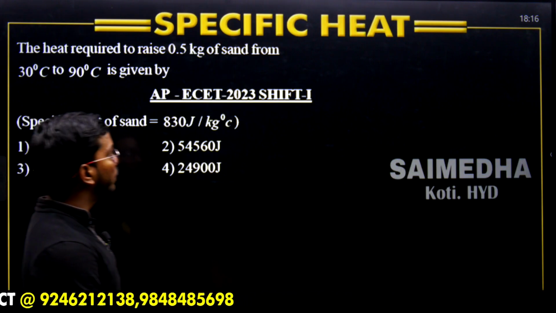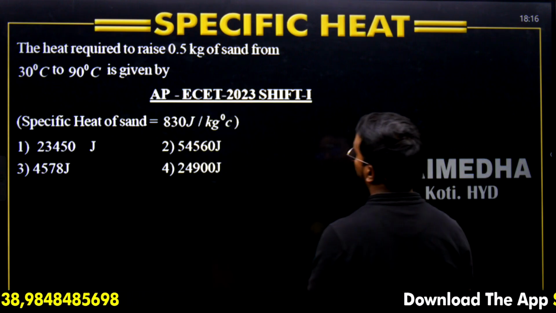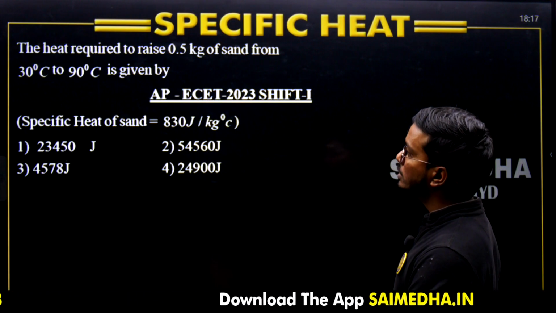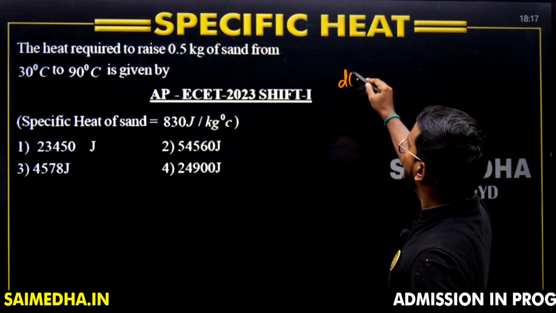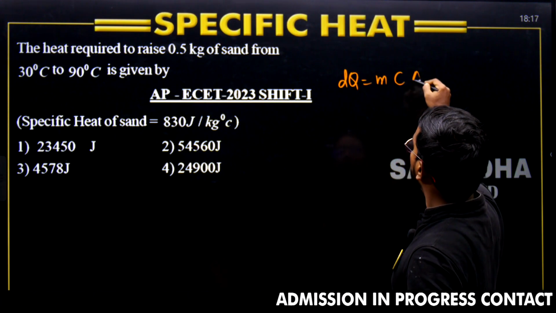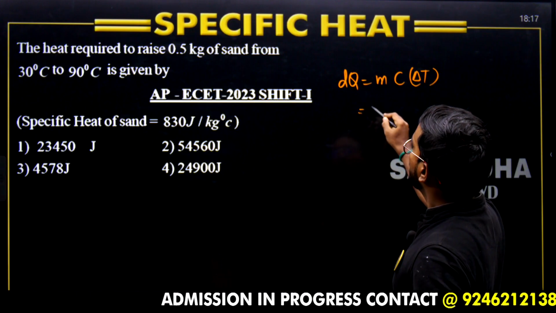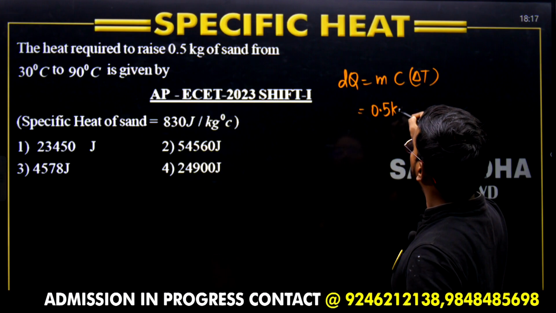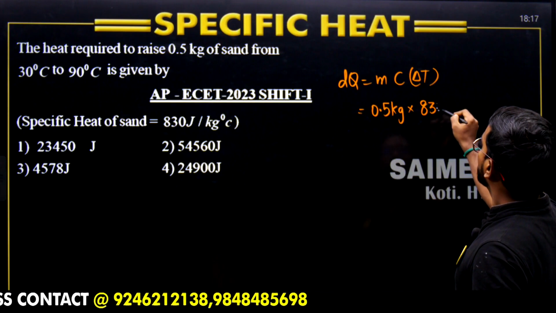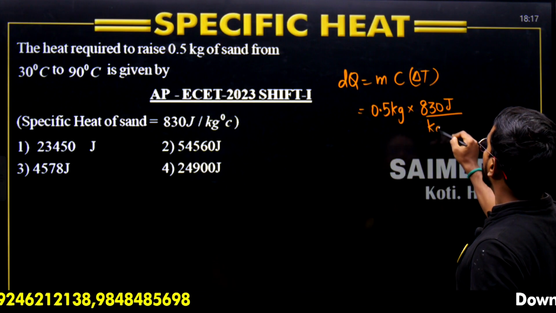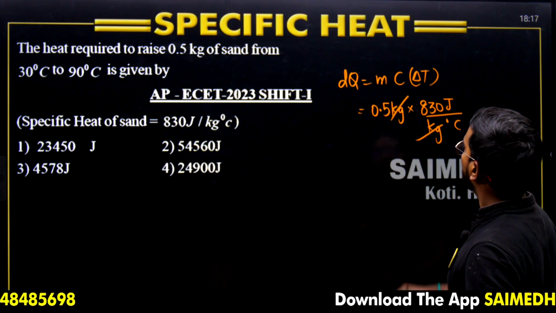Heat required to raise 0.5 kg of sand from 30 to 90 degrees Celsius is given by, specific heat is given. We know the general formula for heat is m into c into change in temperature, delta T. Mass is given as 0.5 kg. Specific heat is given as 830 joule per kg degree Celsius. Kg cancels.